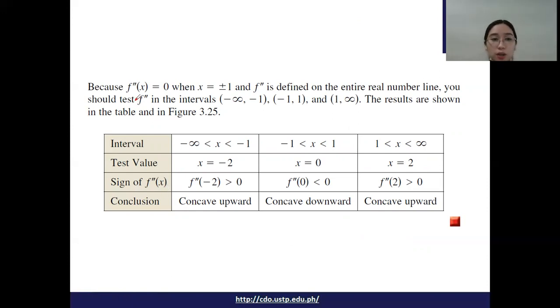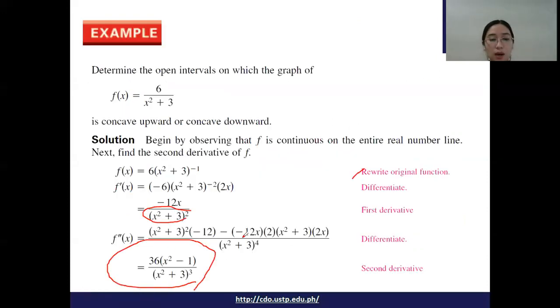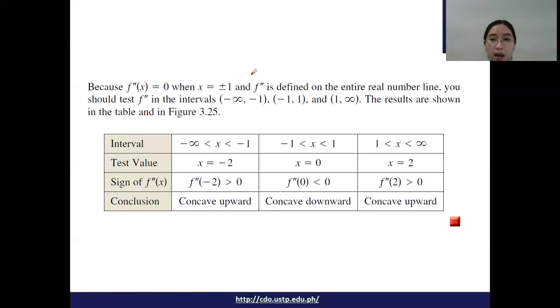Because f double prime of x is equal to 0 when x is equal to positive or negative 1, and f double prime is defined on the entire real number line, we should test f double prime in the intervals, same as the left-hand side.